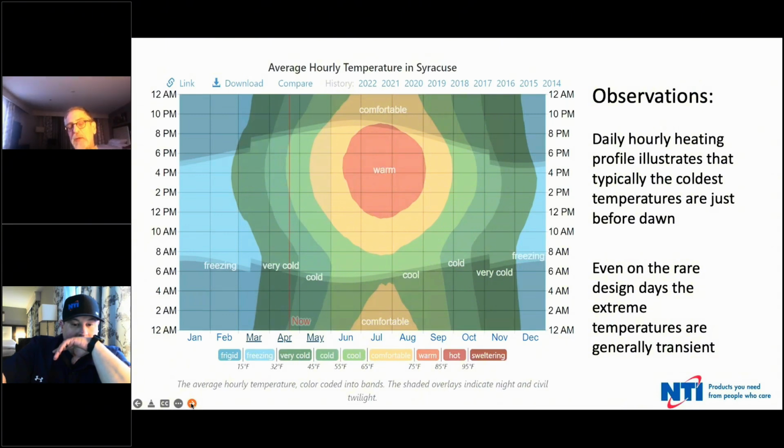Again, that's right around dawn, and with the building already being warm, even though the boiler, your heat plant, might not exceed the design load at that moment, the flywheel effect of the building actually keeps the occupant from ever really feeling that.